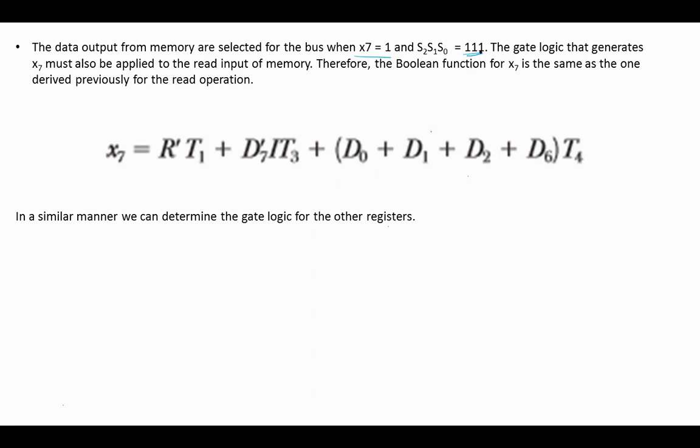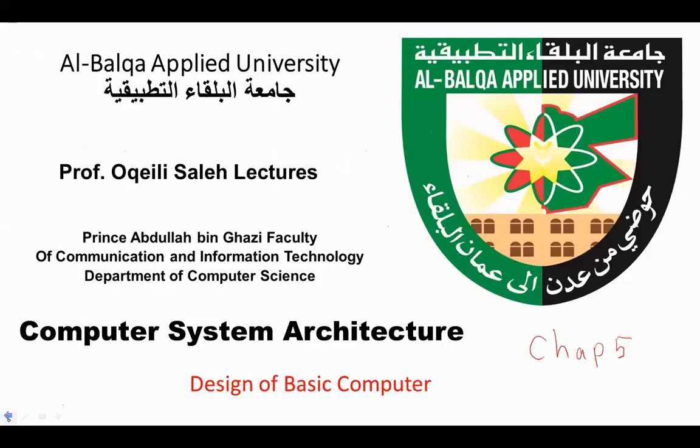Therefore, the Boolean function for X7 is the same as the one derived previously for the read operation. In a similar manner, we can determine the gate logic for the other registers. Our next topic is the design of accumulator logic, and this will be the last section in chapter 5. For today, that's all. Thank you.